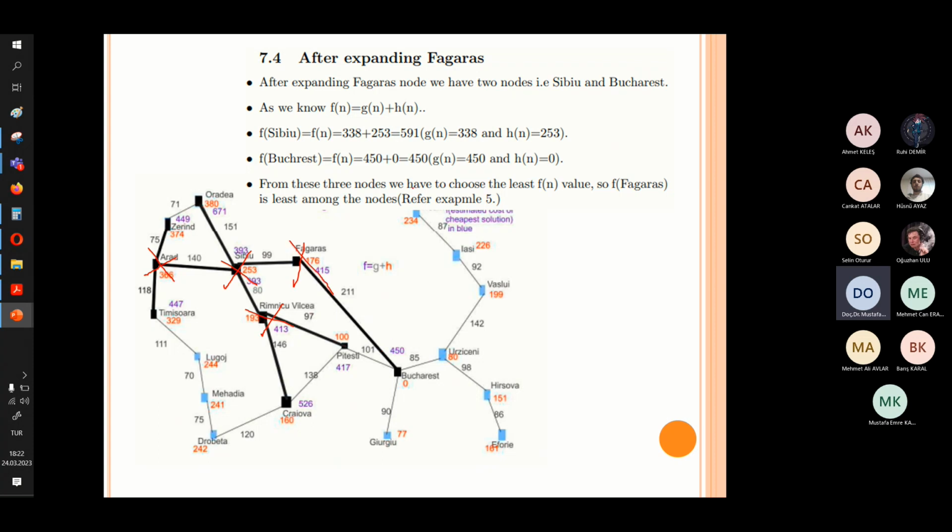And when we check, the actual cost is 450, and the heuristic value is 0. Therefore, by following the Arad, Sibiu, Fagaras, Bucharest path, the cost will be 450. Since we reached Bucharest, does the algorithm stop?